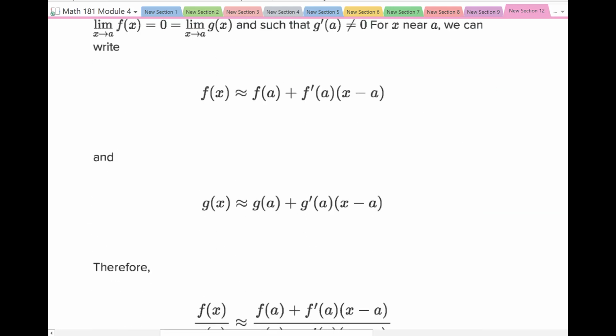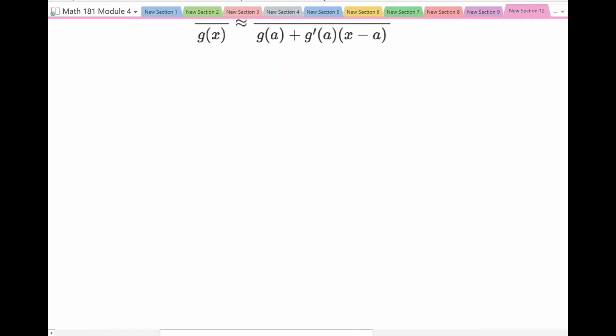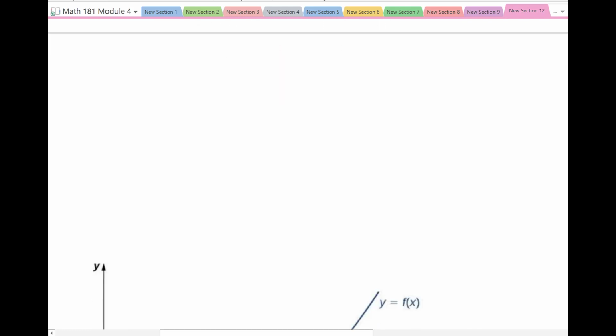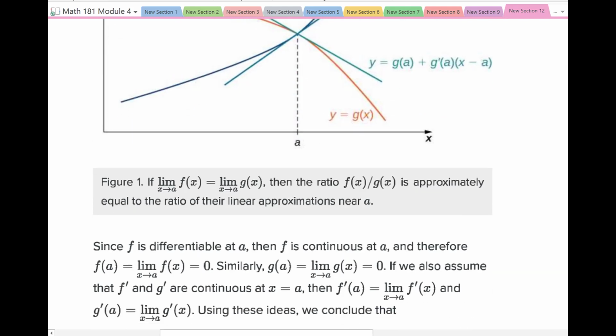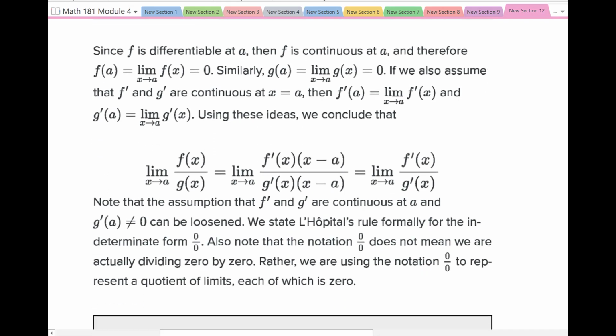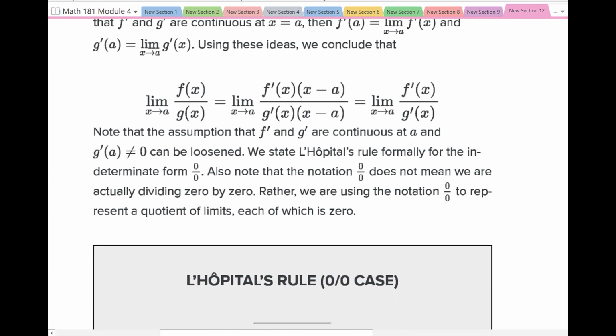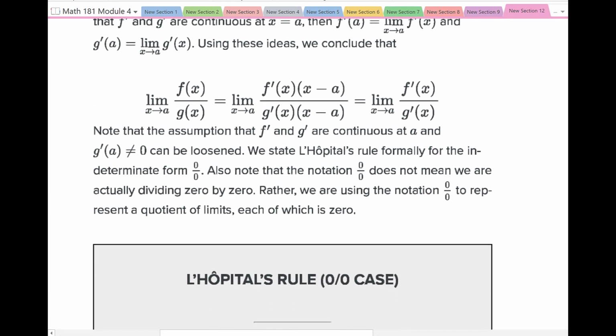The way L'Hopital's rule works is you can take the derivative of the numerator and the derivative of the denominator. And this is not the quotient rule. It's just taking the derivative of the numerator and the derivative of the denominator, and you'd end up with the same limit. That's what this part here is saying.